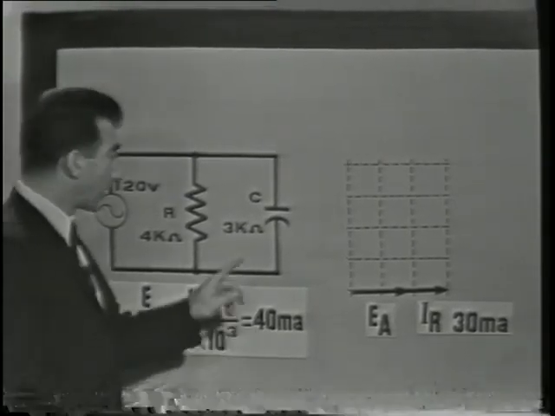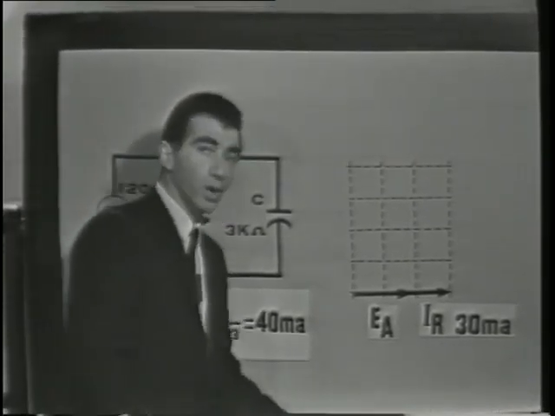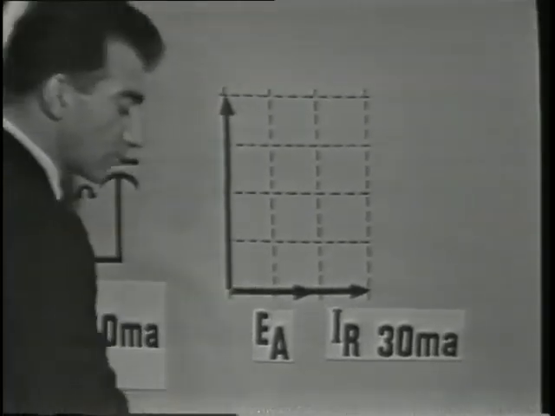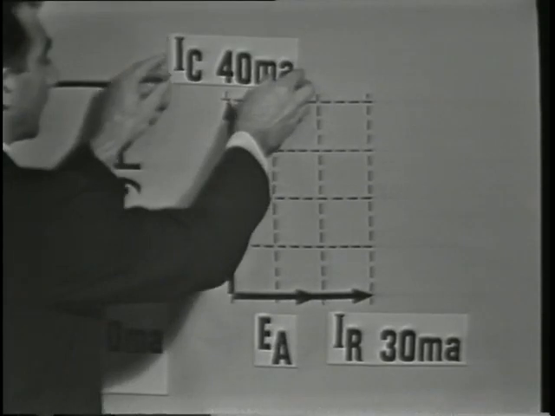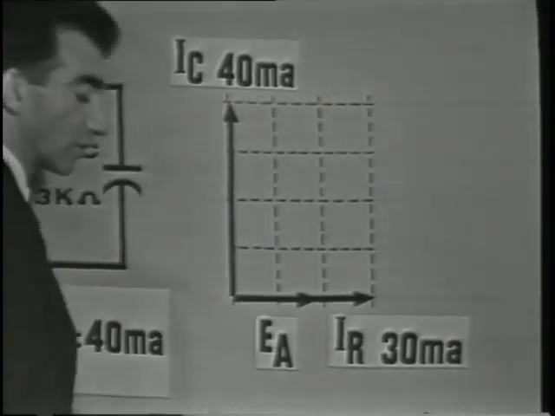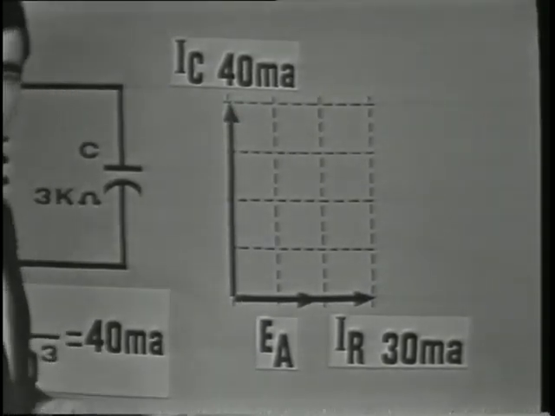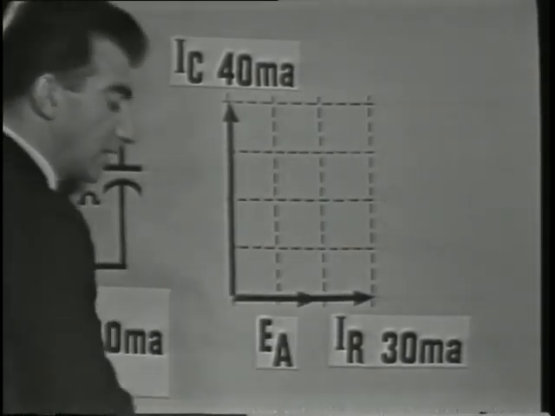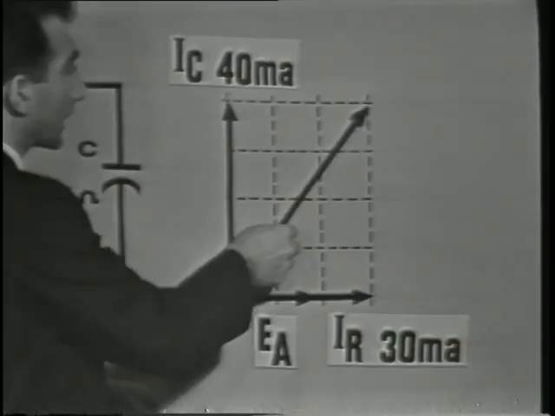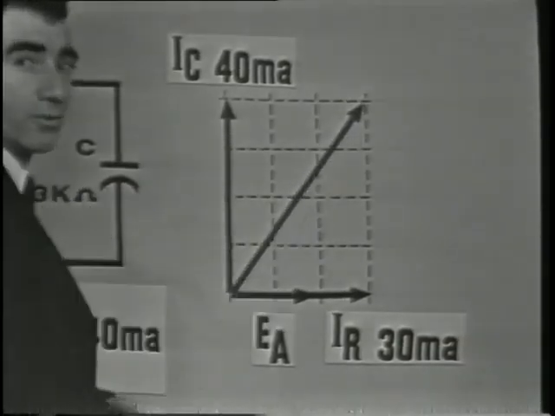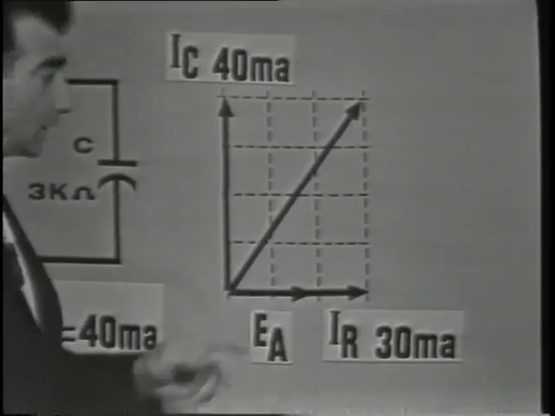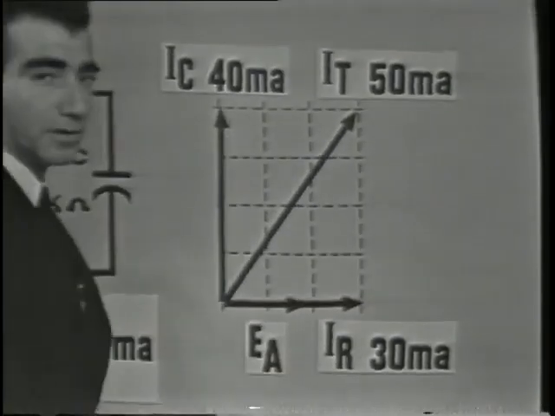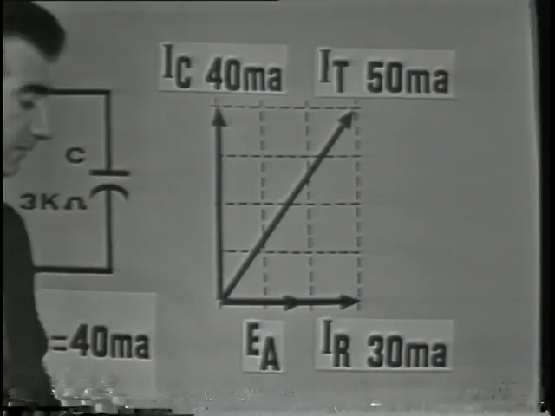And the vector for IC, or our capacitive current, will show 40 milliamps 90 degrees ahead of EA, because the capacitor introduces a phase shift. Now we can draw our parallelogram and find the approximate total current by simply measuring the length of the resultant vector. In this case, if we measured the resultant vector, it would be 50 milliamps, or IT is 50 mils.